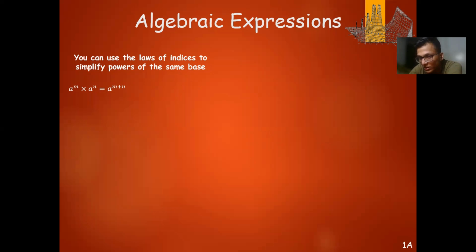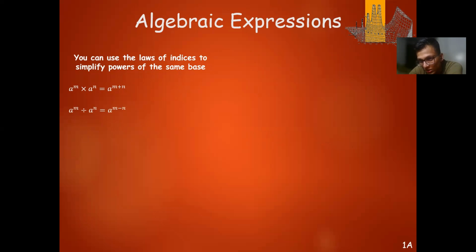And that power can be any other unknown variable, or unknown real number. Multiplying two powers that have the same base but different powers, we can simply add the powers together with the same base. That's the first law.